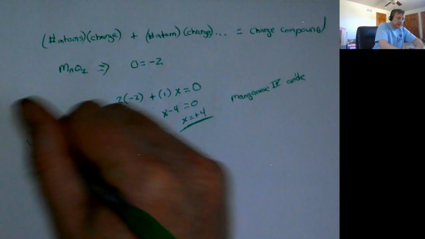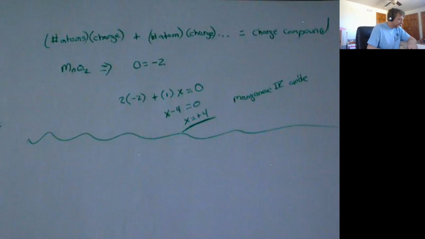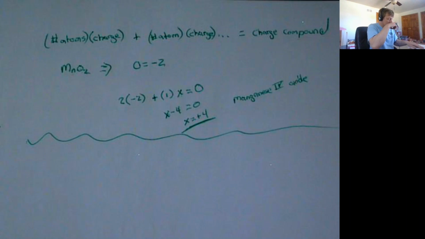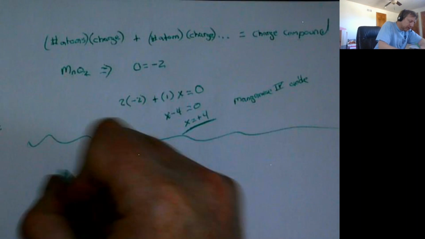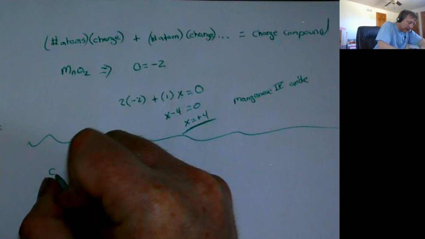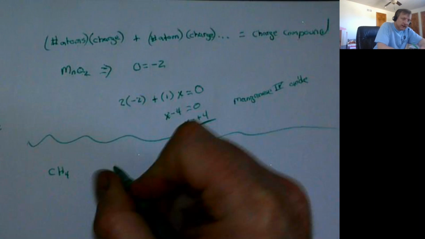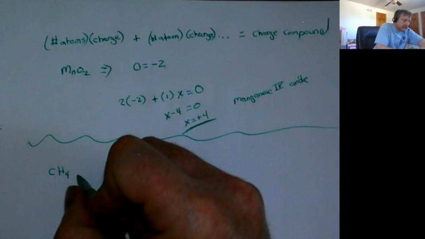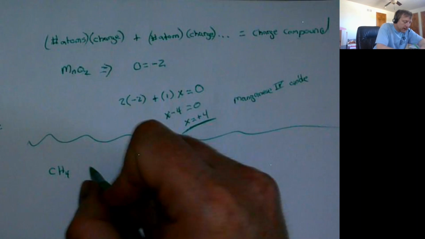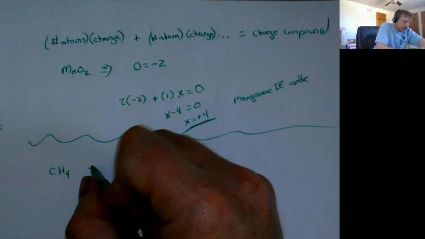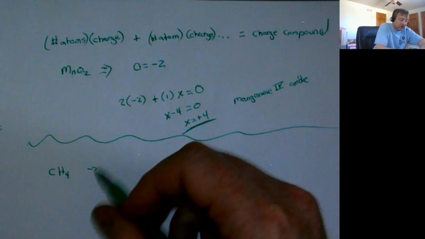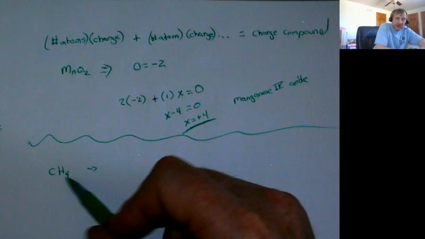Okay, let's see another example. Let's do another nice easy one with hydrogen involved. Let's take a look at methane, carbon tetrahydride, and we're going to do the same sort of approach, except now we're going to look at our hydrogen.